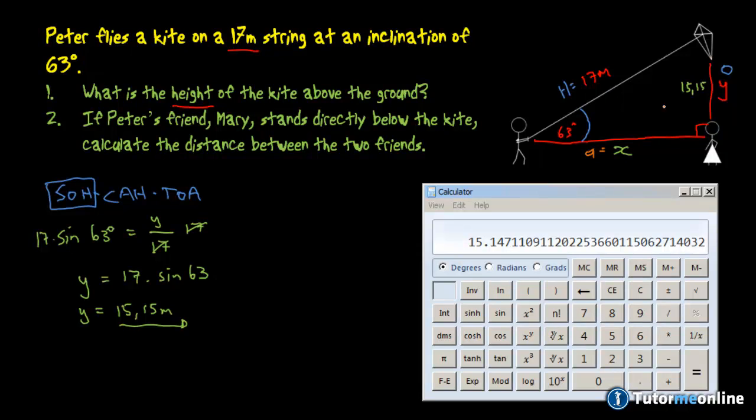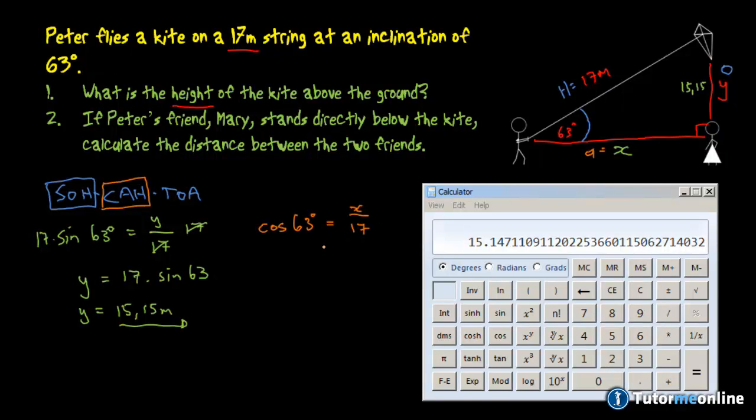We could, of course, use the theorem of Pythagoras to solve this as well, but let's do this using our trig functions. So in this case, we know that the adjacent side and the hypotenuse leads us to our cosine function. So if we then say the cosine of 63 degrees is equal to the adjacent side, which is x, over our hypotenuse, which is 17.